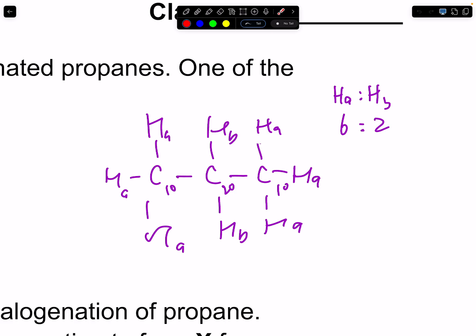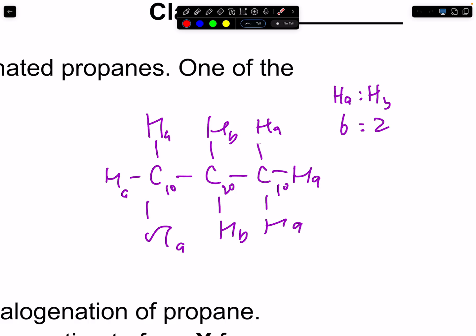Before the bromine was added, what's the number of environments? So just 6 to 2.